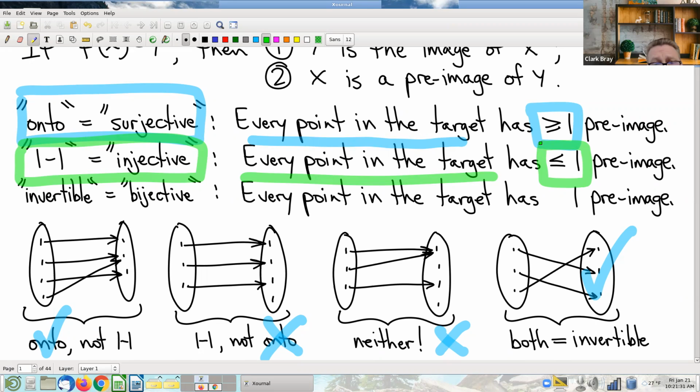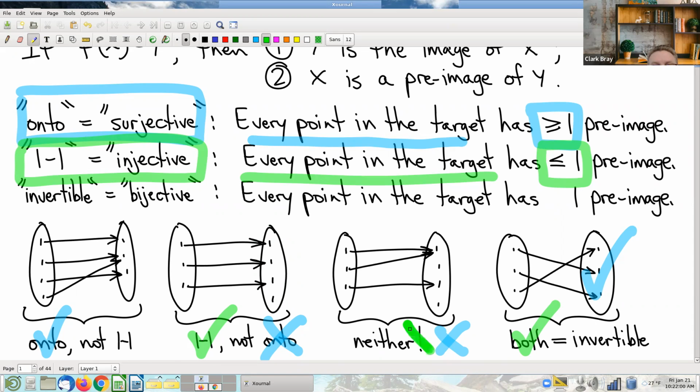And you will notice, for example, that this one right here is injective because that point has one pre-image, that has one pre-image, that has one pre-image, and that has 0 pre-images. And so altogether, every point has at most one pre-image. So it is one-to-one. This one over here also is one-to-one.